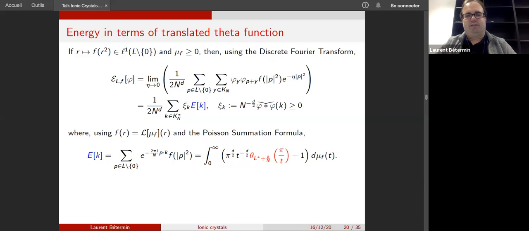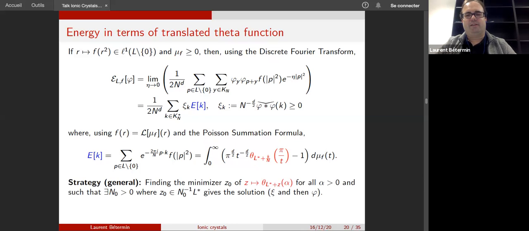That's a strategy, right? So if you're able to find the minimizer of this translated lattice theta function, where do you have to find it? You have to find it in KL star divided by n. So you have to rescale KN star: you have to take a sublattice of your dual lattice, and divide by n here.